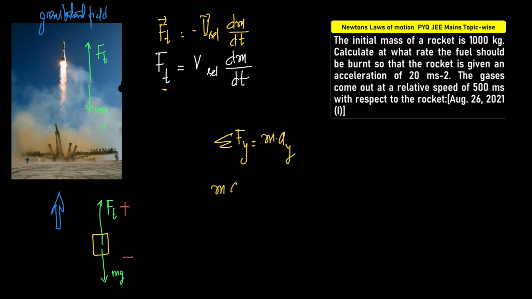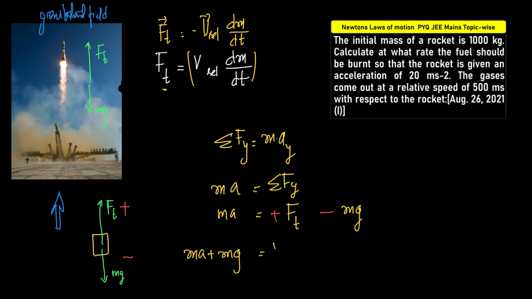So ma is equal to the sum of the forces, which is plus Ft minus mg. If you transpose mg to the LHS, we get ma plus mg is equal to plus Ft. What is Ft? V relative into dm by dt.